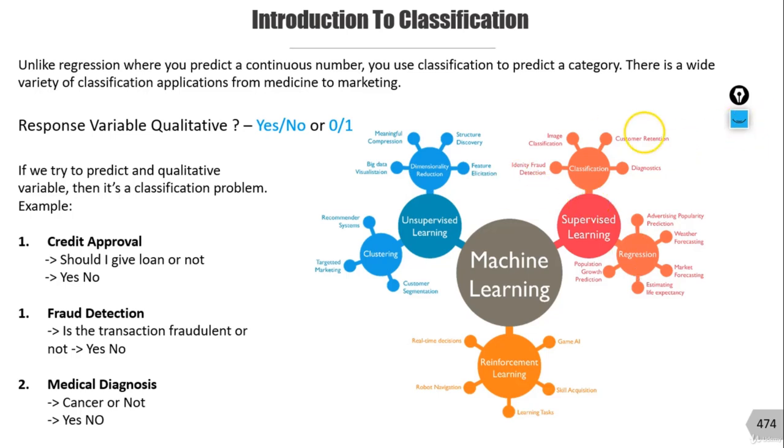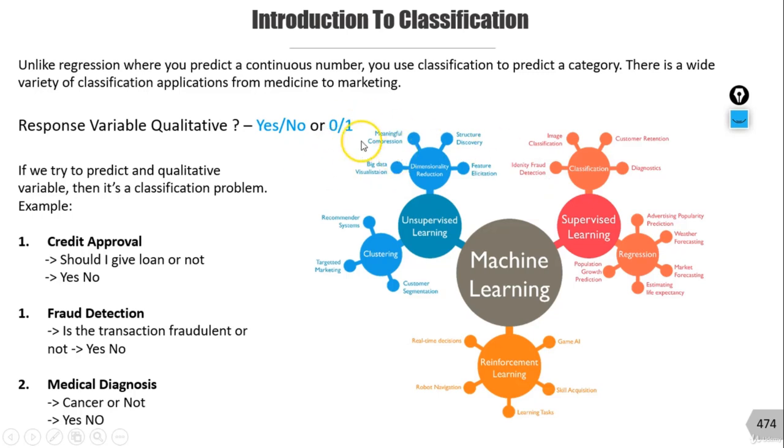But if you are trying to predict whether this is a cancer or not, whether your customer would leave you or not, whether this image is a cat or a dog, or whether this transaction is fraud or not, all these are yes or no kinds of problem statements. Those kinds of problems we call classification, and we have to come up with a classifier, which is nothing but an algorithm that can classify each transaction as fraud or not fraud.